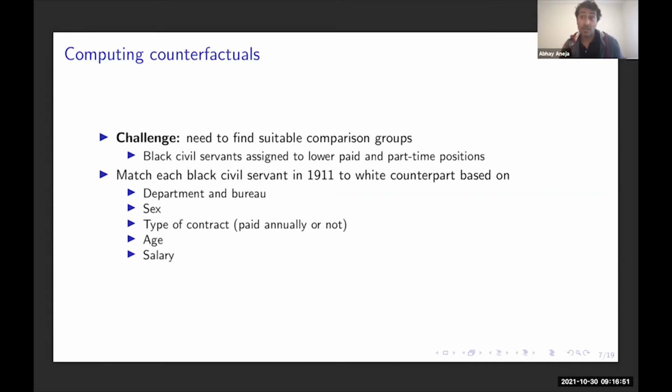To find a good counterfactual group of white civil servants, we're going to use the richness of the data we have to match each Black civil servant to a comparable white civil servant on what we observe in the data, namely, the department and bureau that person worked in, his or her sex, the type of contract that person was working under, whether it was an annual salary or more of a monthly or weekly contract, the age of that person, and then we'll even match on salary, which we might think about as being a composite of skill and experience.